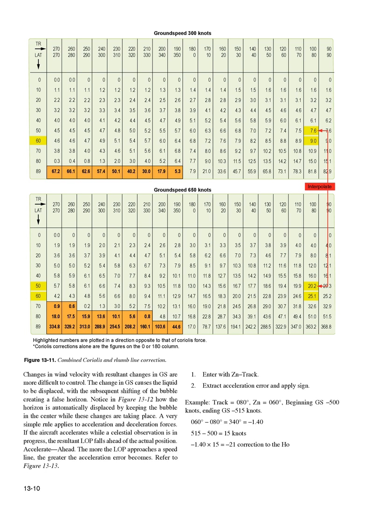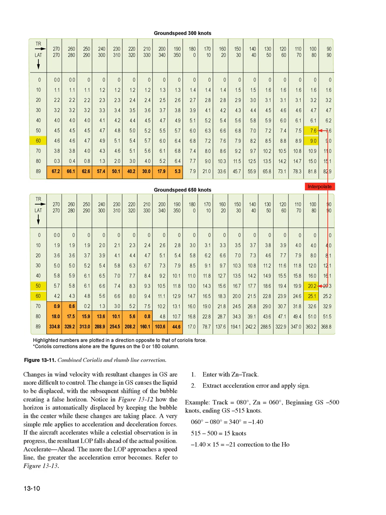If the aircraft accelerates while a celestial observation is in progress, the resultant LOP falls ahead of the actual position. Accelerate, ahead. The more the LOP approaches a speed line, the greater the acceleration error becomes. Refer to Figure 13.13. 1. Enter with ZN minus track. 2. Extract acceleration error and apply sign.